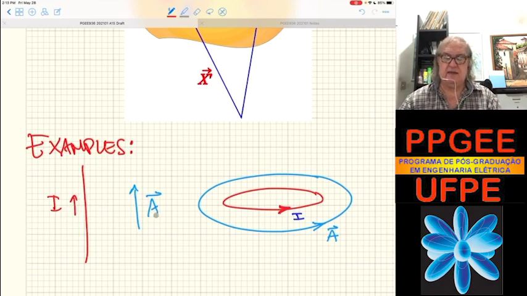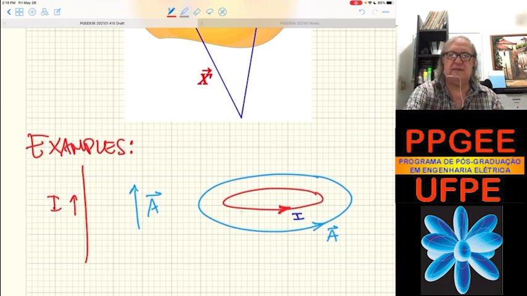So everywhere the vector potential is going to be along the same direction of the distribution. If we have a current loop like this, we are going to obtain a similar vector potential that resembles the current loop configuration. Okay.